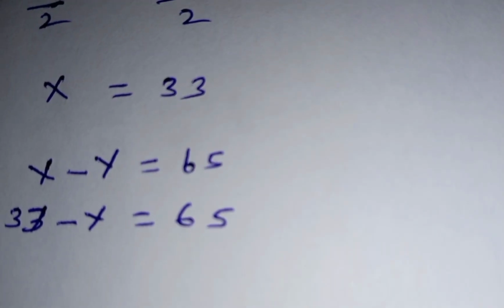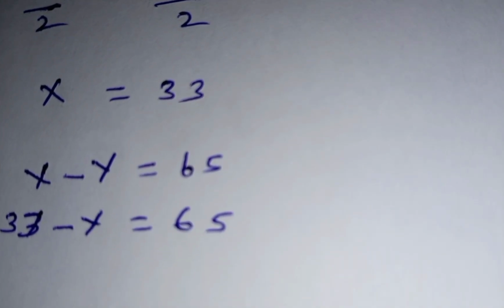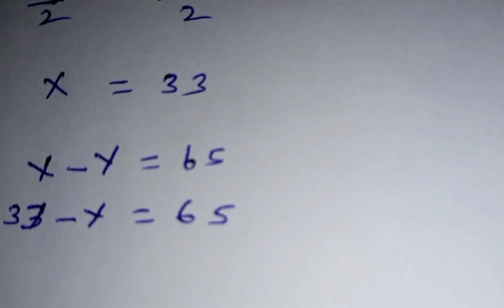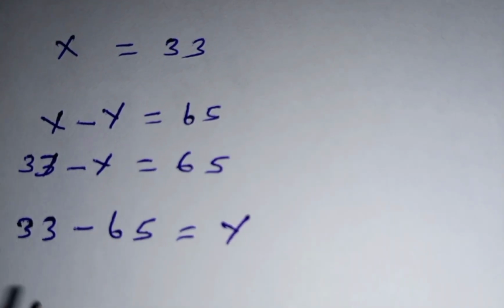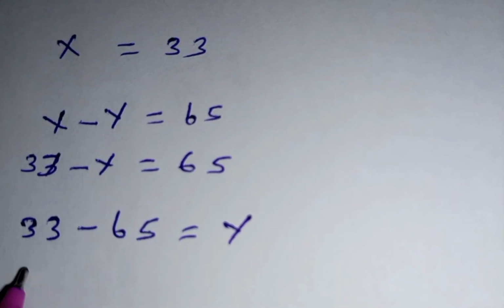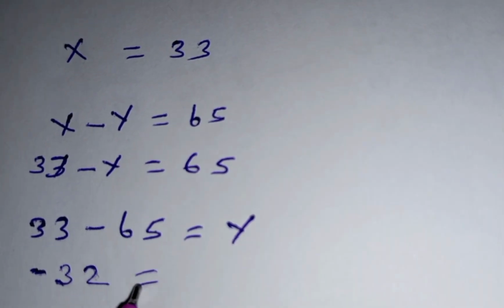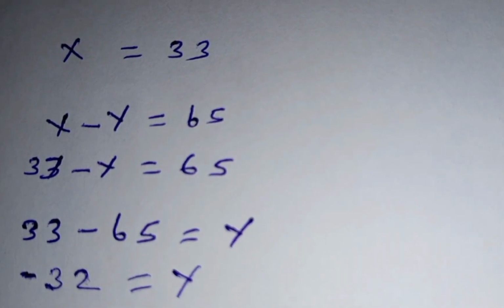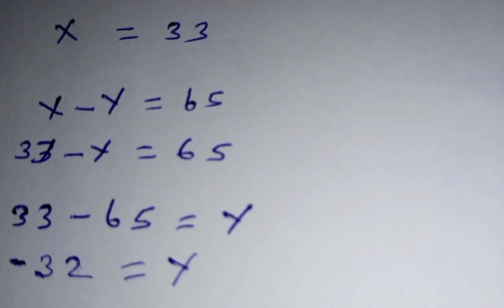We can take the value of y to the right hand side and 65 to the left hand side. So 33 minus 65 is negative 32, being equal to y. So when x is equal to 33, the value of y will be equal to negative 32.